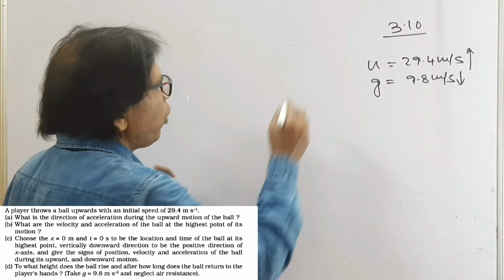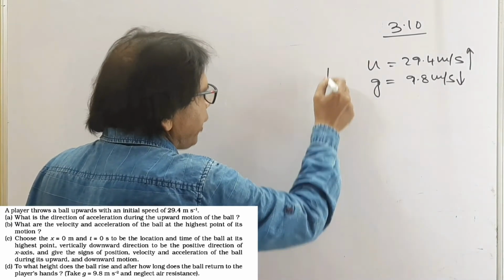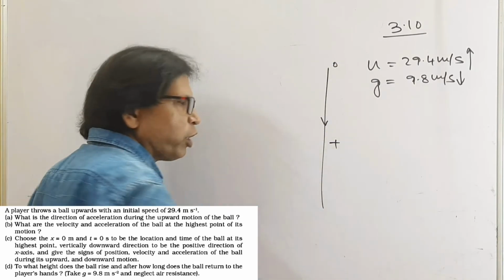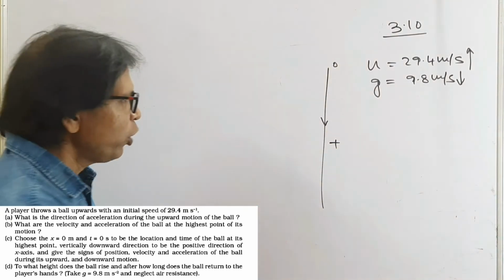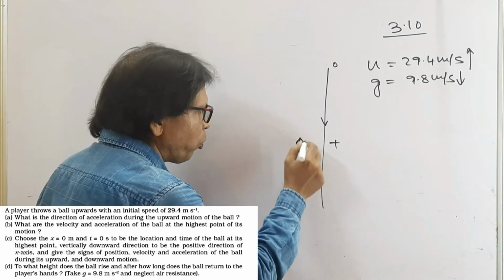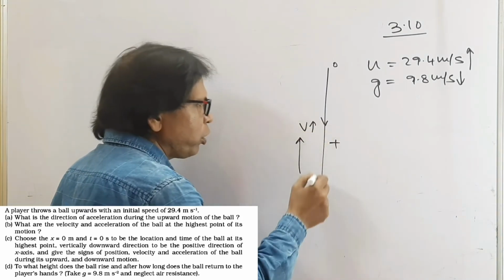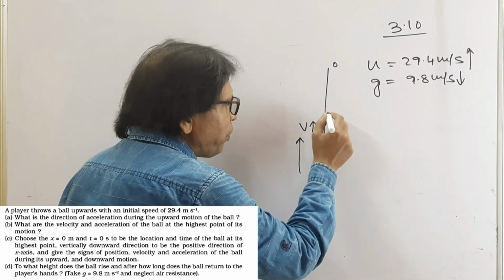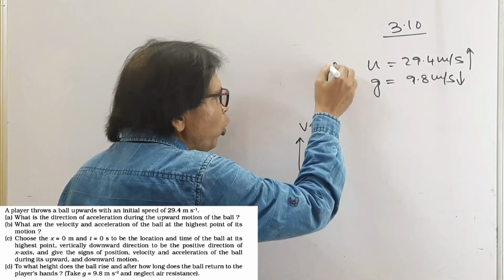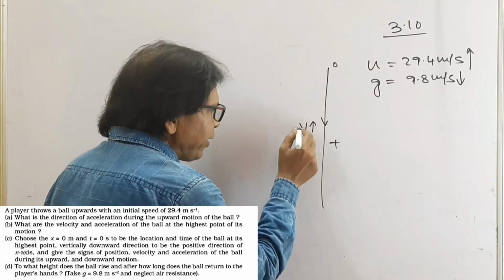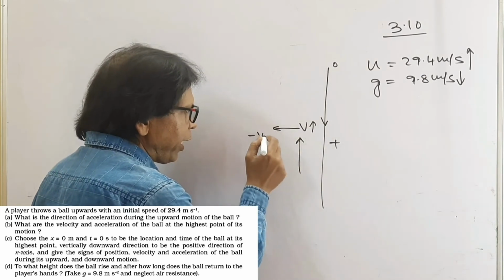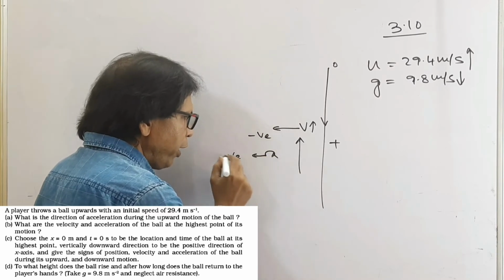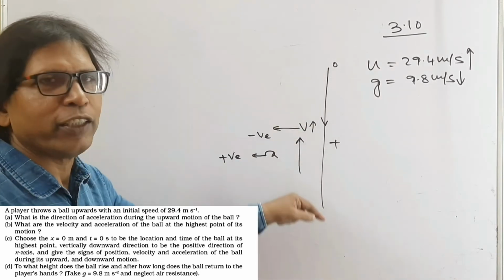Now look at this. Consider the highest point as the origin and this direction as the positive direction of the x-axis. During upward motion, the direction of velocity is along this direction. The displacement is below the origin, so x is positive because x is below the origin.